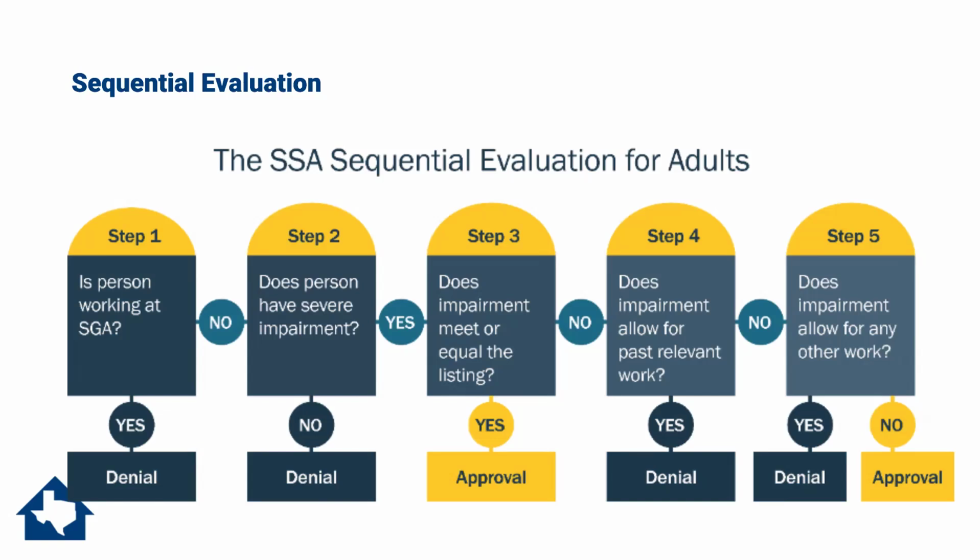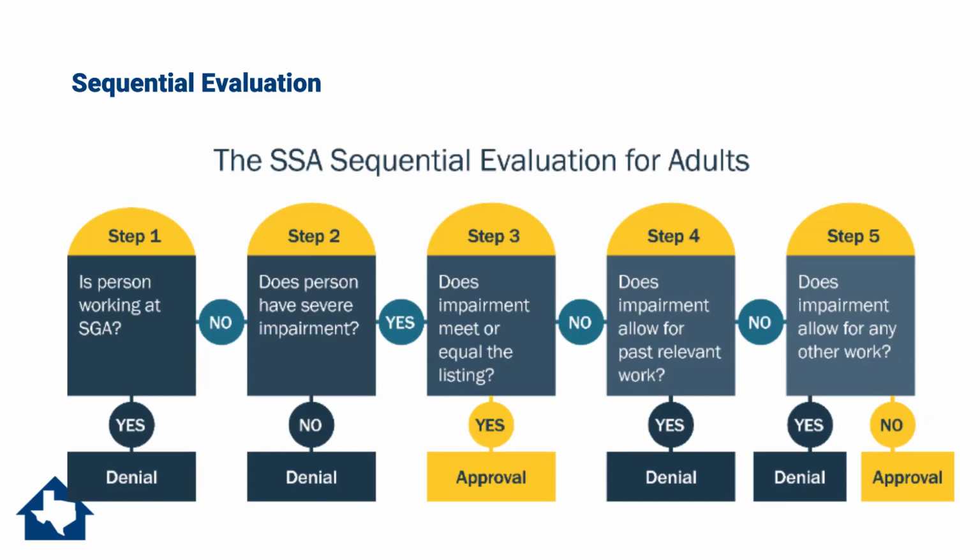Does the impairment allow for any other work? So step four is looking at, does it allow the individual to do the work they've historically been doing? If I was a construction worker and I got severely injured, they're going to look at whether my current disability or chronic injury is going to allow me to work in the same type of environment or the same type of profession.